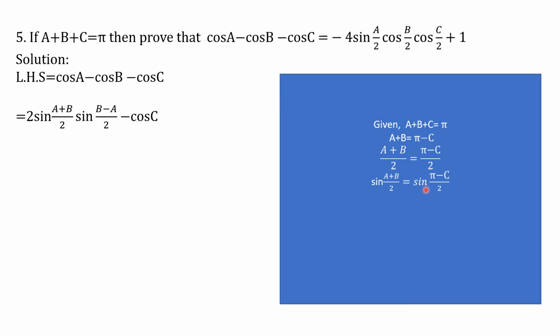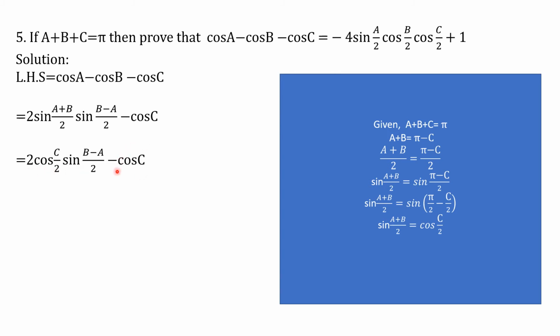And then we will split LCM over here to get pi by 2 minus C by 2. Pi by 2 is 90. Sin of 90 minus C by 2 is cos C by 2, isn't that? So sin A plus B by 2 can be ultimately replaced by cos C by 2. So we have replaced, and remaining terms are copied as it is.